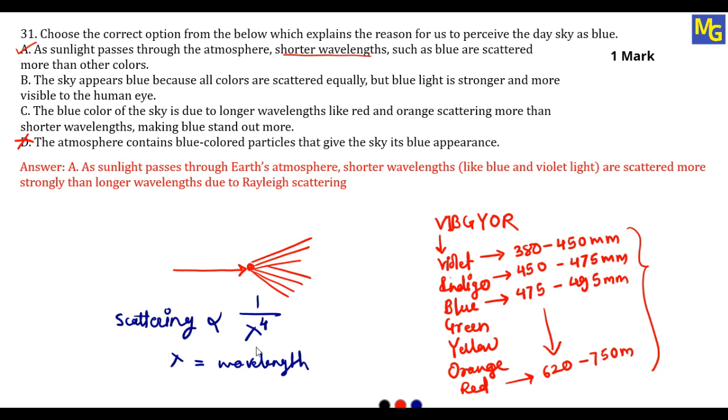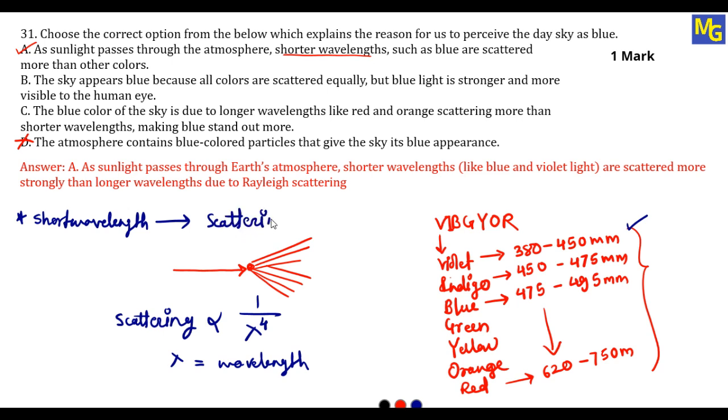So what is the meaning of this? If the wavelength is shorter or less, then the scattering will be more. Remember this. I will make a star: short wavelength or less wavelength, scattering more.